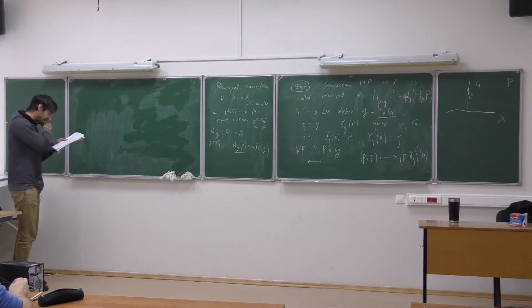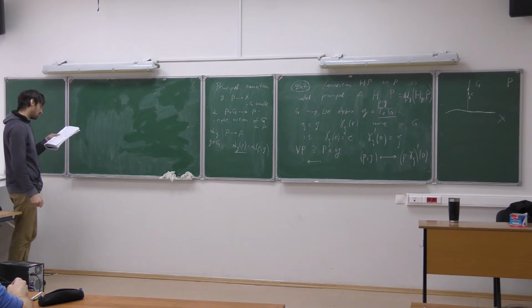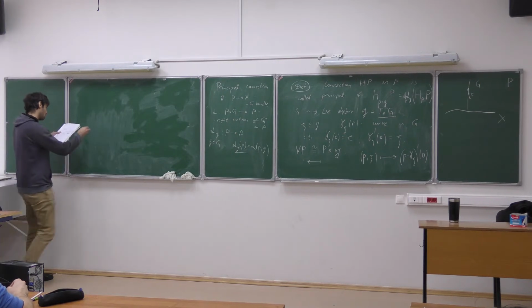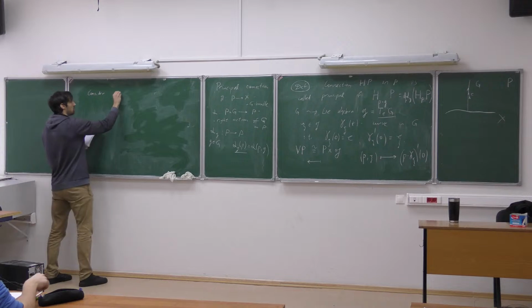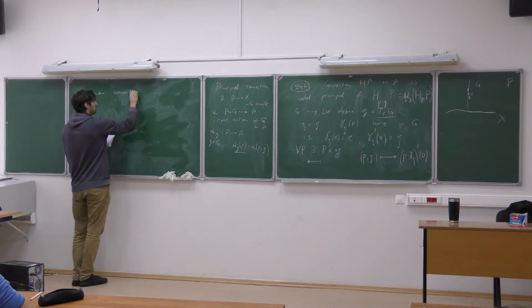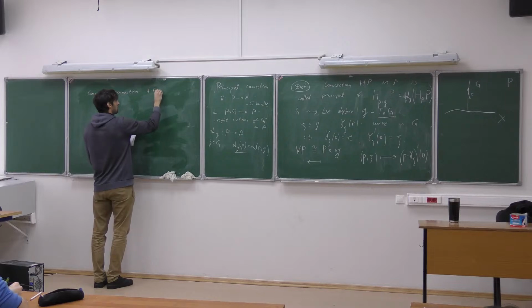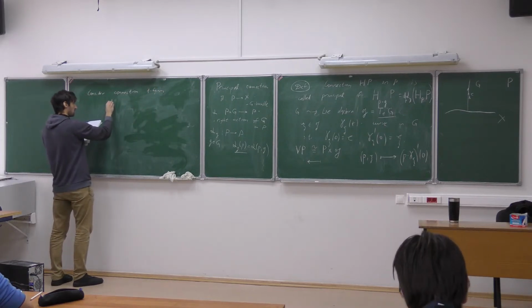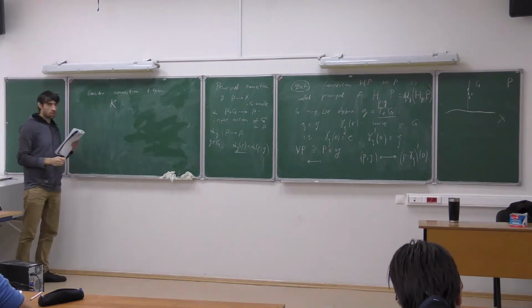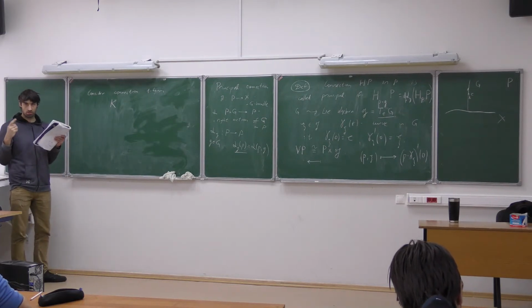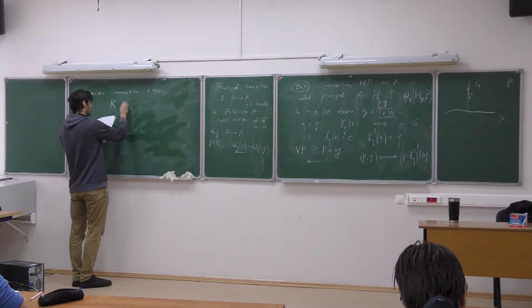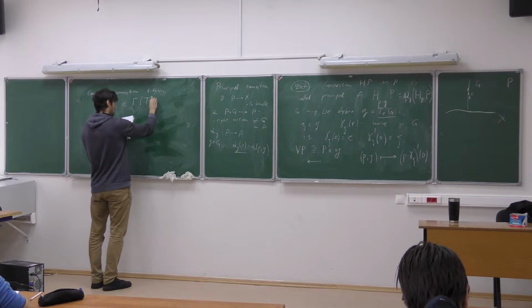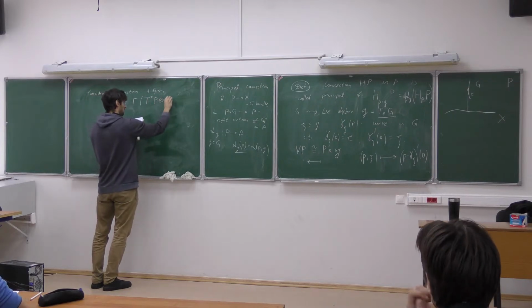Okay, so now we would like to consider the connection one form. So this is just a projection to the vertical along the horizontal, which is just seen as a section of T star P tensor VP.